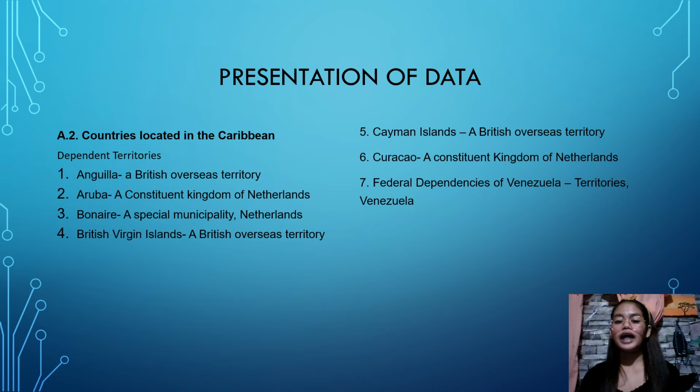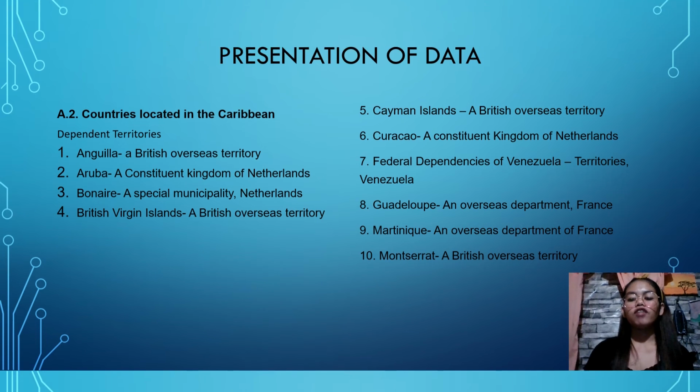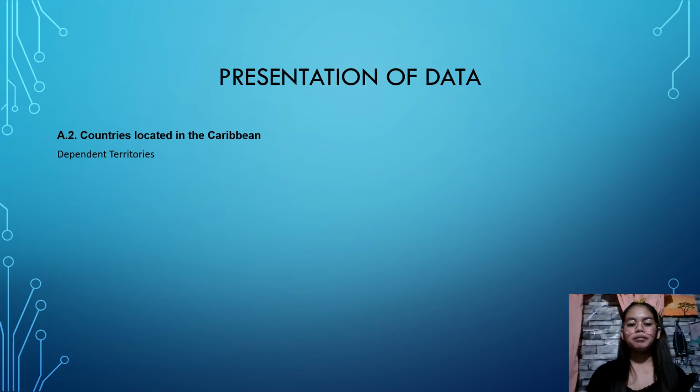We also have Cayman Islands, which is a British overseas territory as well, Curacao, a constituent country of the Netherlands, and federal dependencies of Venezuela, Guadeloupe, an overseas department of France, Martinique, an overseas department of France, Montserrat, a British overseas territory.